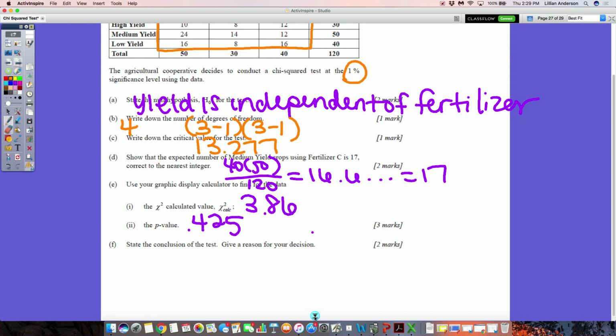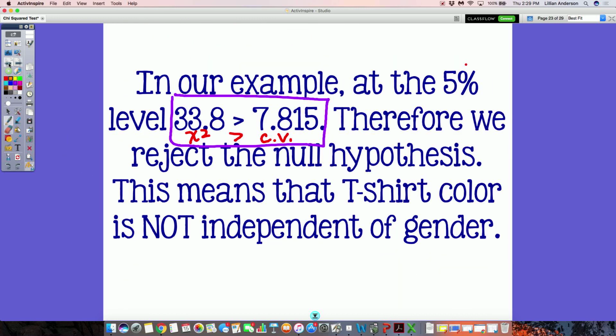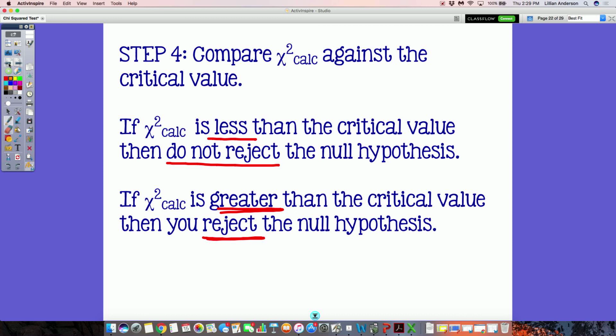So, if I compare the chi-square test statistic, which was 3.86, and the critical value, which is 13.277, is this number greater or less than the critical value? It's less than. And based off of what we talked about, if the chi-square test statistic is less than the critical value, you do not reject.